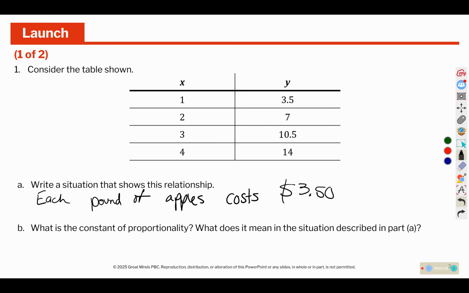With money, we use 2 decimal spots, so 3.5 can be rewritten as 3.50, and that doesn't change the value of that decimal.